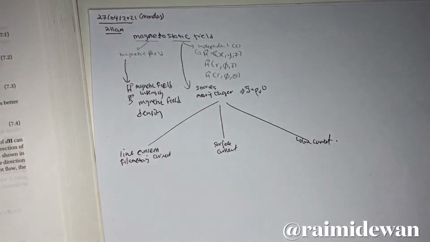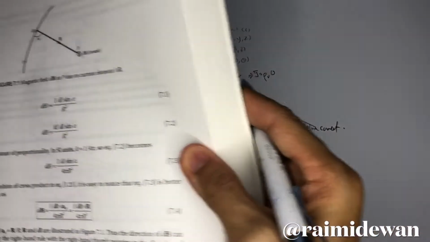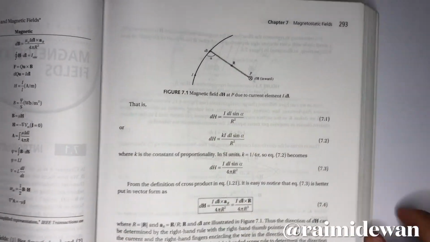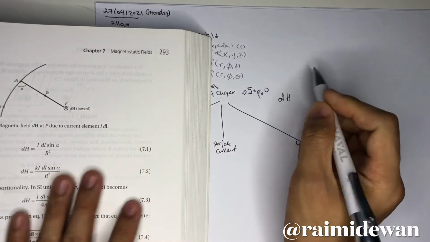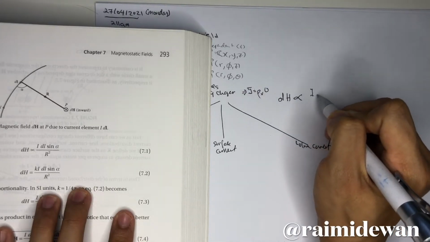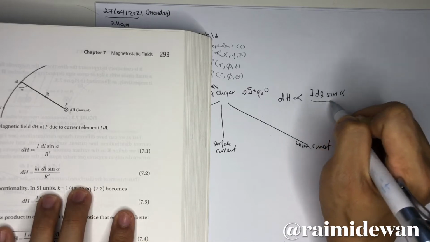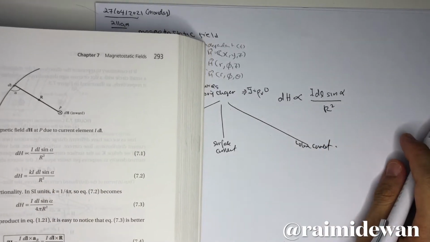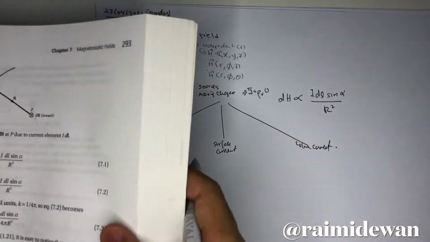So what happened is that you can see this equation just now. dH is proportional to I dl sine alpha over r squared. Let's discuss this.